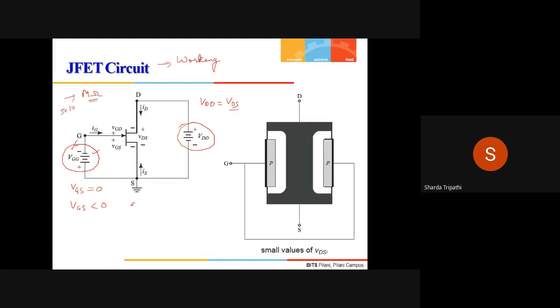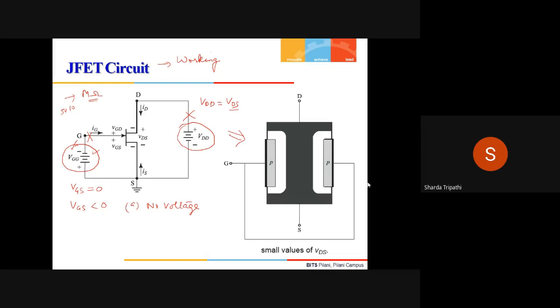So now let us see the first condition. In the first condition, we say that we have not applied any voltage. So if I have not applied any voltage, that means this connection is also open and this connection is also open. So your resultant JFET is going to look like this.